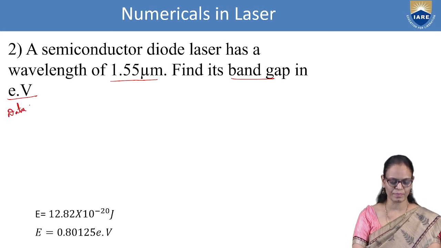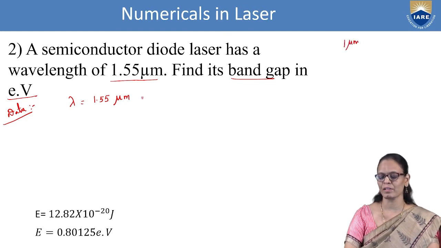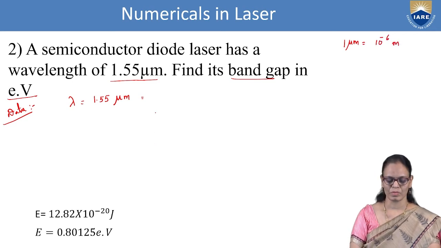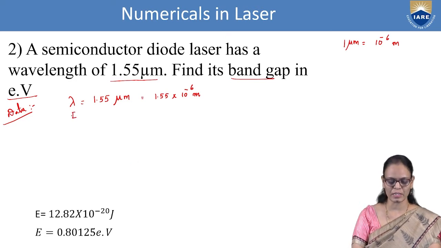So, what is the data given? First, we will write lambda is equal to 1.55 micrometer. 1 micro means what? 1 micrometer is equal to 10 power minus 6 meter. So 1.55 into 10 power minus 6 meter is the wavelength. What you have to find is the band gap in electron volt.